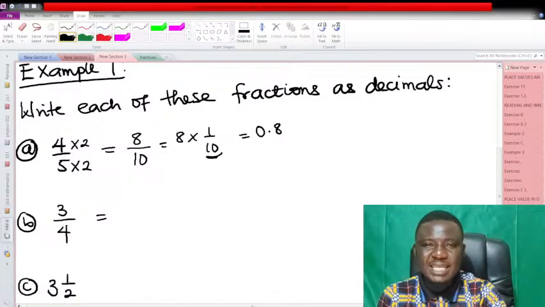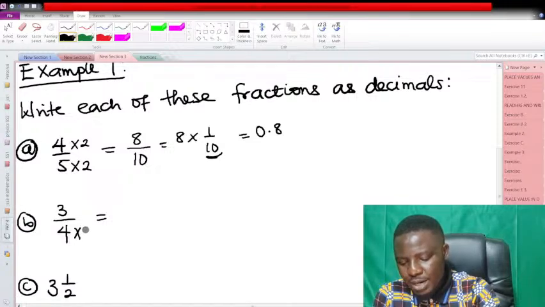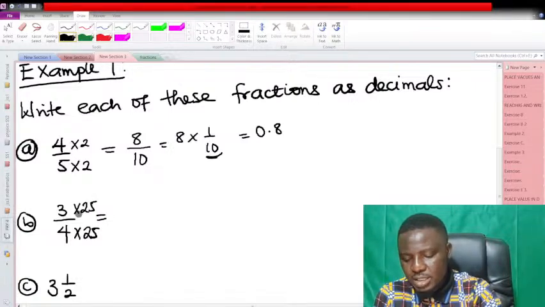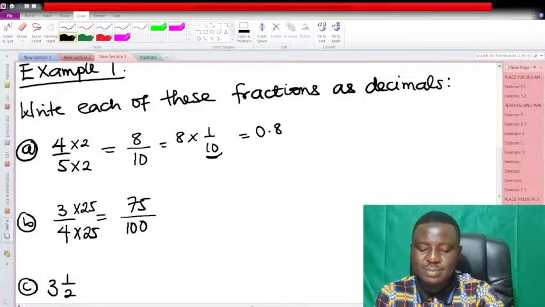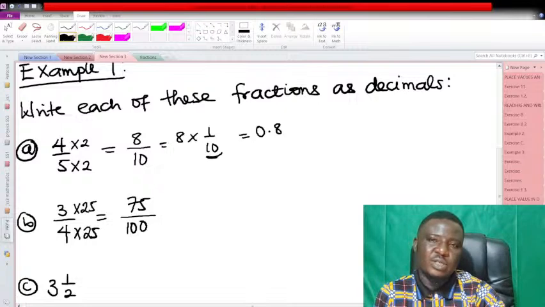Now, the least I can go is 4 times 25, and 4 times 25 is 100. So I'm going to multiply the denominator by 25, as well as the numerator by 25. So that 3 times 25 gives me 75, divided by 4 times 25 is 100. So this is 75 over 100.